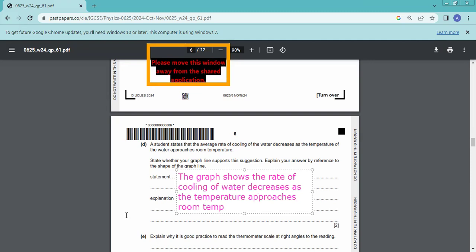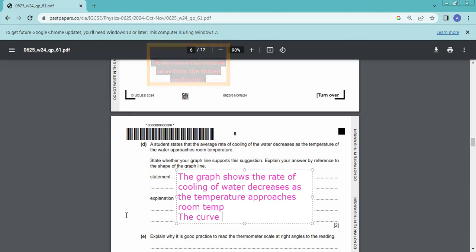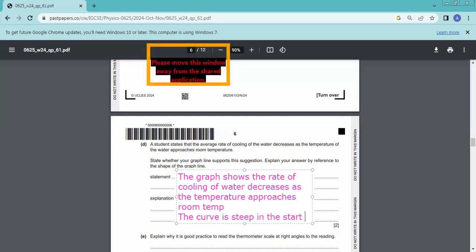Now, when we talk about the curve of the graph, yes, it supports this. The curve of the graph, as we have seen, was the best fit curve. So the curve of the graph is steep in the beginning, in the start, and becomes less steep as the time increases.